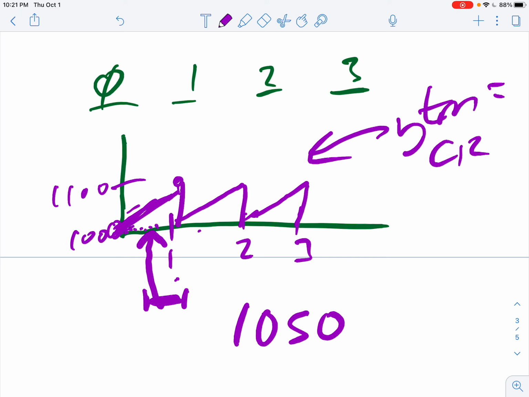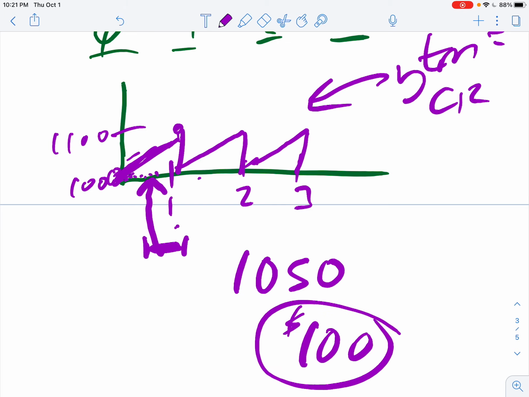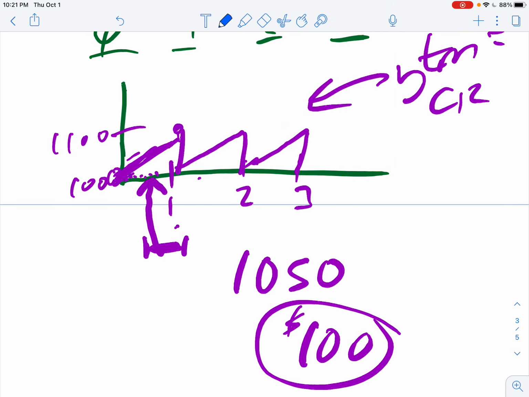Okay? And of course, the person selling the bond would sell it for $1,050, because the new buyer at date 1 is going to receive the entire $100 interest payment, right? And since they only held the bond for 1/2 of the period, they are only entitled to $50 in interest.